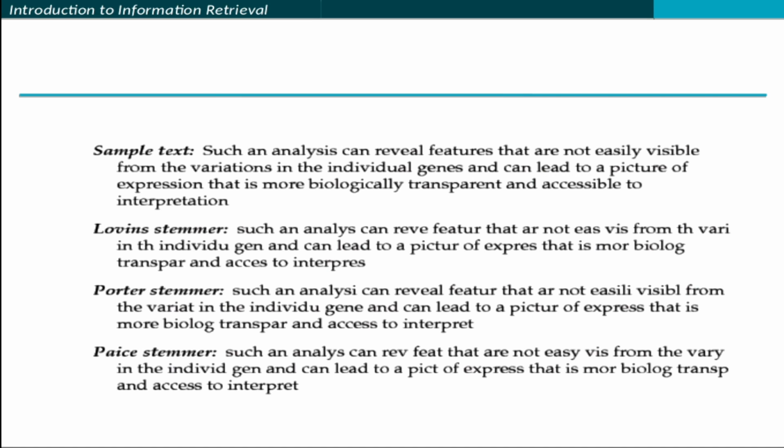In some cases, here you have analysis, which is mapped to analysi in Lovins, while in Porter it is analysi, while in Paice it is analys, and so on. But basically, the structure should now be clear. The idea is to reduce to the root. Depending on what kind of stemmer you use, you have different results. Clearly, you have to use the same stemmer for all the documents in your collection.